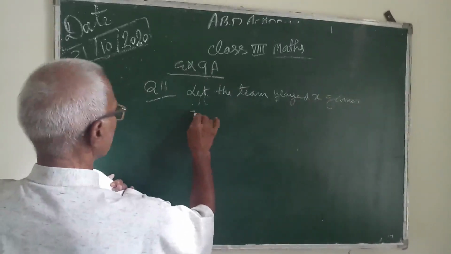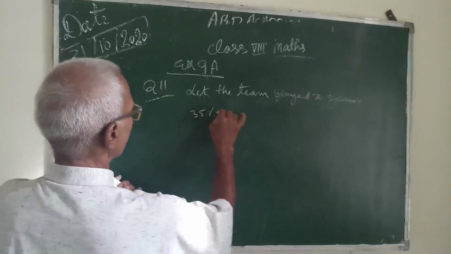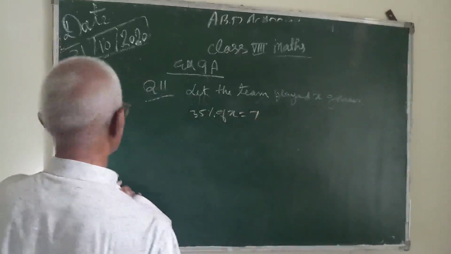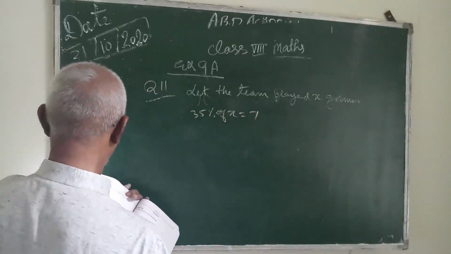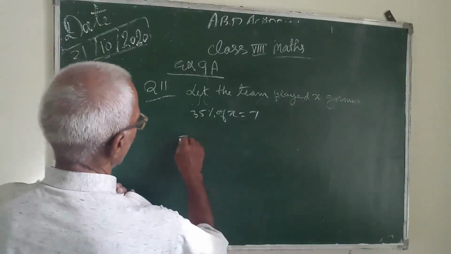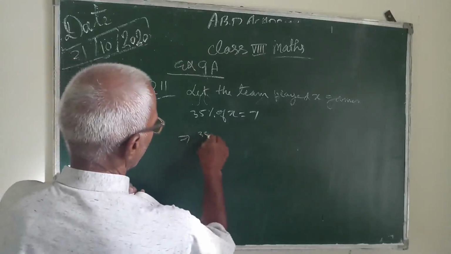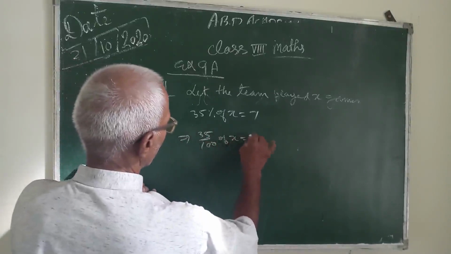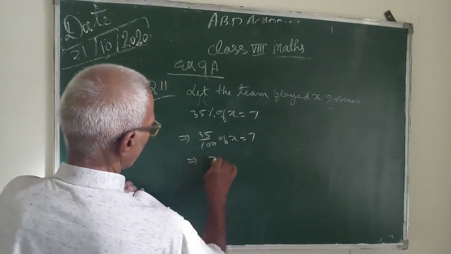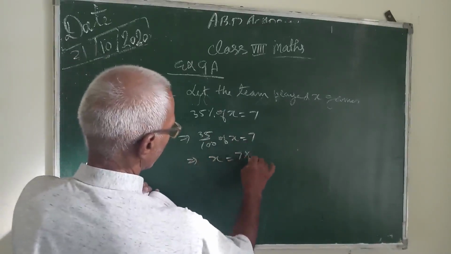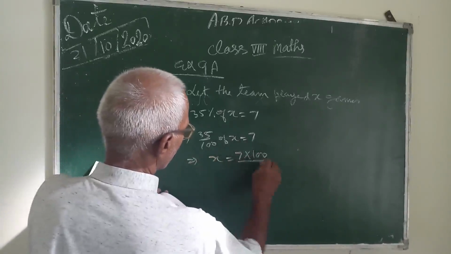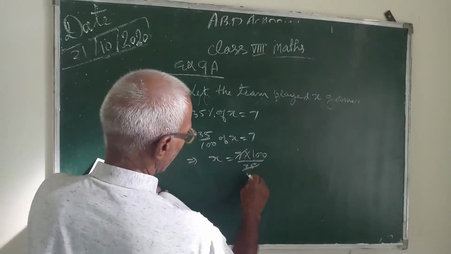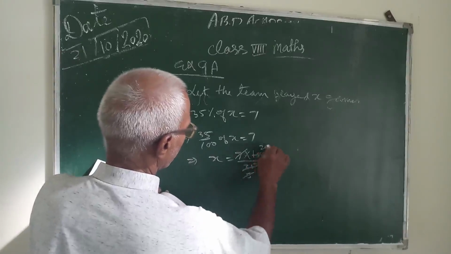So it says 35% of X is equal to 7. It wins 7 games. Which implies 35 by 100 of X is equal to 7, which implies X is equal to, as per the rule, 100 goes up, 35 comes below, 7 fives are 35 and 5 fours are 20.